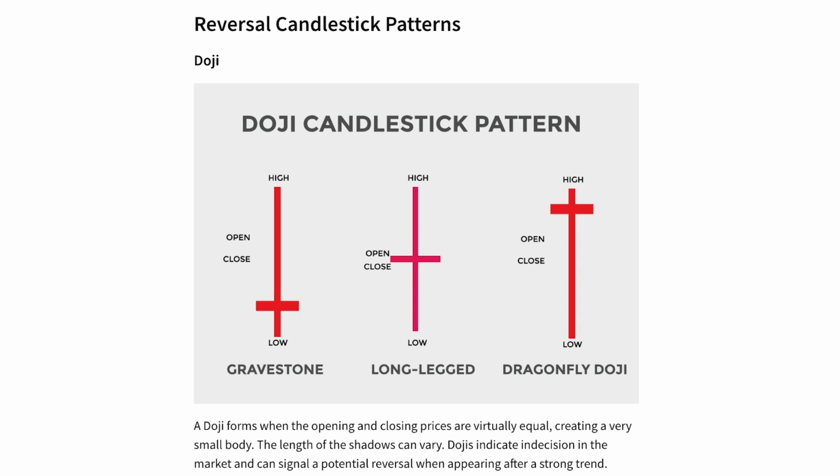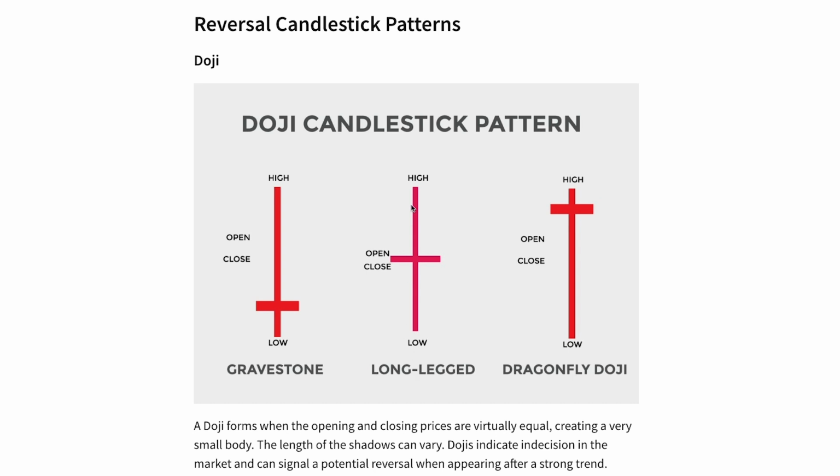Dojis can indicate indecision in the market and can signal a potential reversal when appearing after some sort of strong trend. Basically, the buyers and sellers, we don't know what's happening. It goes high, goes potentially low, and then ends where it opened. So, indecision here. The gravestone is where it appears with a higher wick on the top.